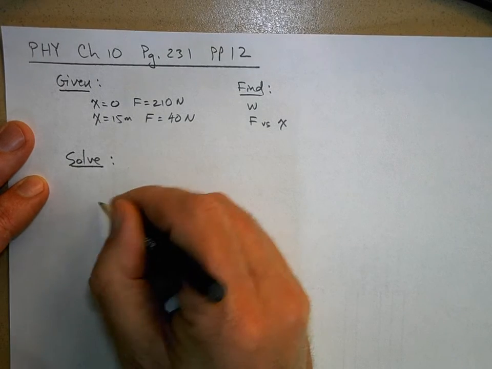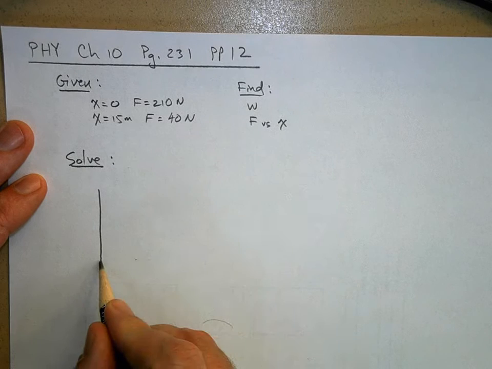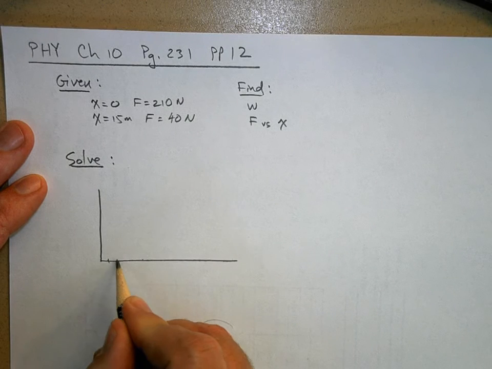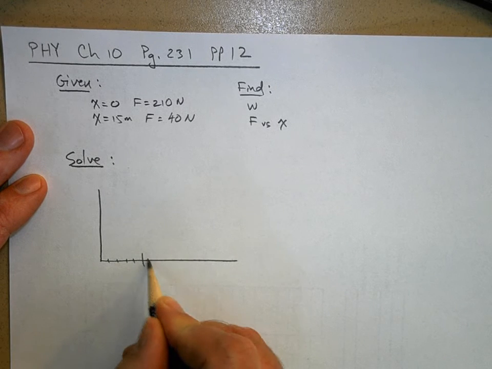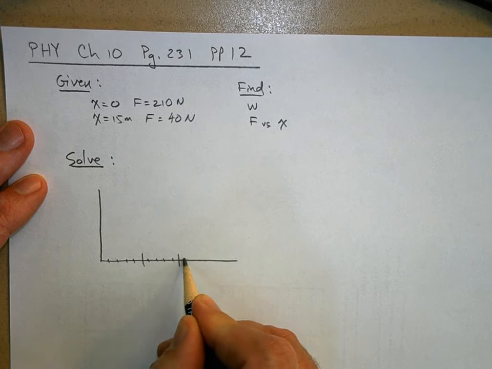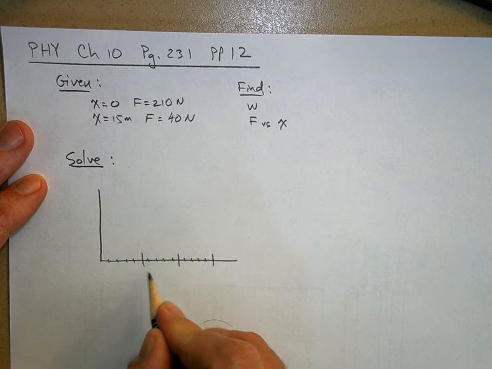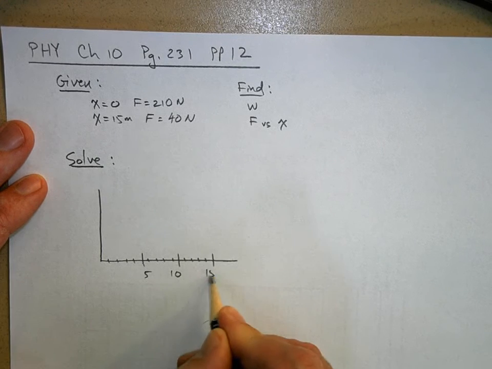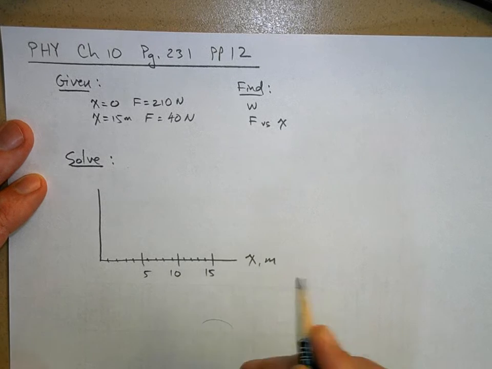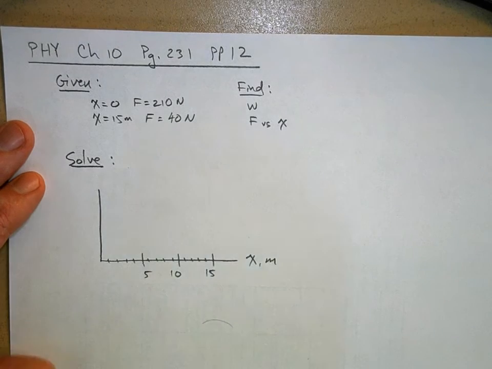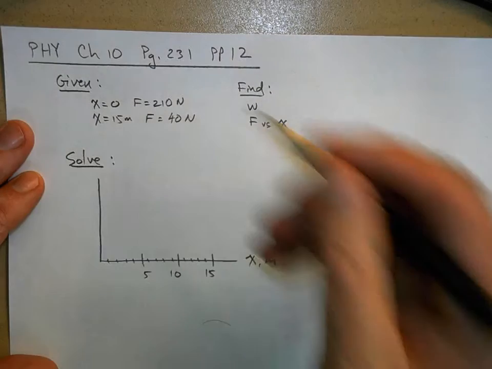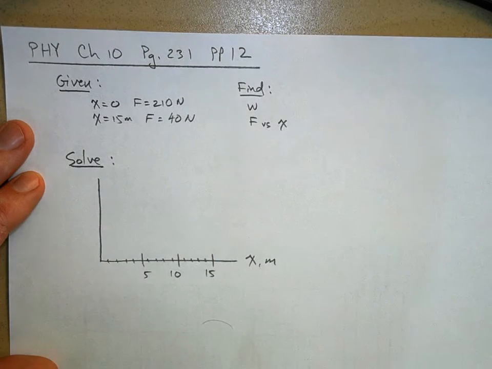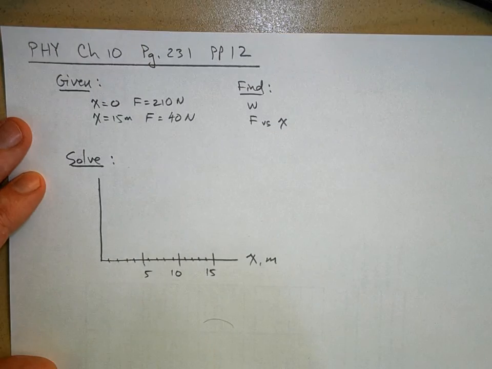So here's the graph. And 1, 2, 3, 4, 5, 6, 7, 8, 9, 10, 11, 12, 13, 14, 15. So 5, 10, 15. This is the position in meters. Now the force goes all the way from 40 to 210.